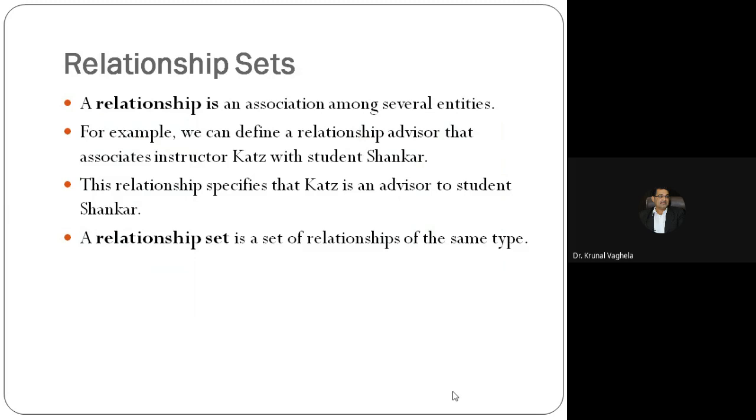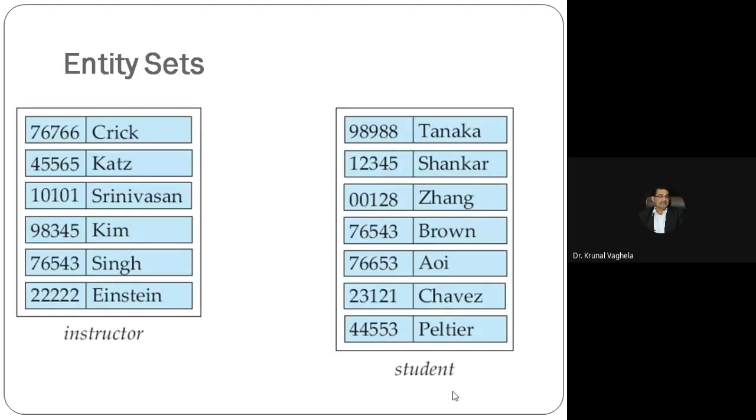So a relationship is nothing but an association among several entities. They are associated. For example, we can define the relationship advisor that associates instructor Katz with the student Shankar. Katz is the advisor of Shankar. So this is Katz, who is the instructor, who is the advisor of Shankar.